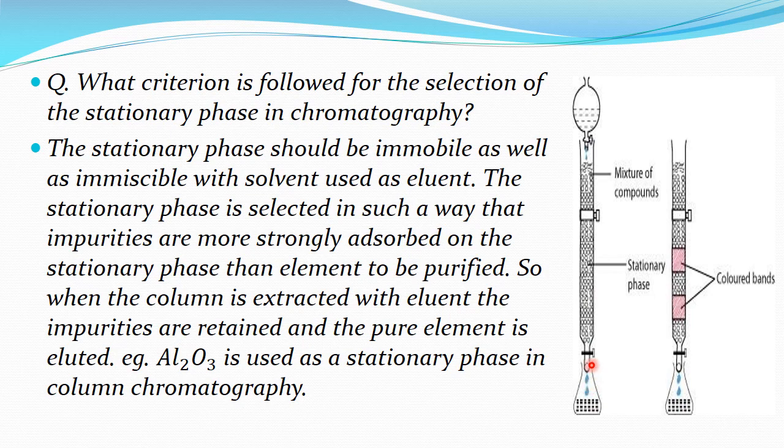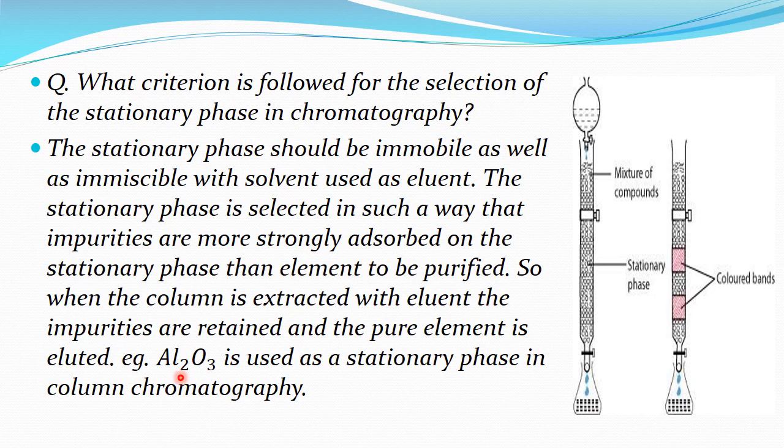And one of the best examples satisfying all these conditions is Al2O3. So Al2O3 is used as a stationary phase in column chromatography. Al2O3 is immobile as well as immiscible with this eluent. And one more thing, Al2O3 adsorbs impurity more than the element.